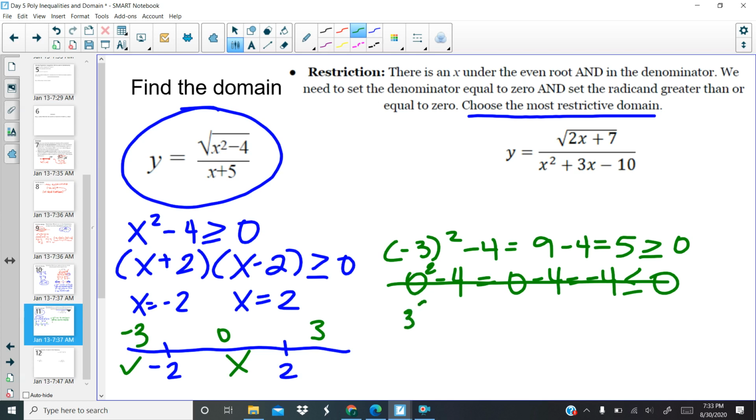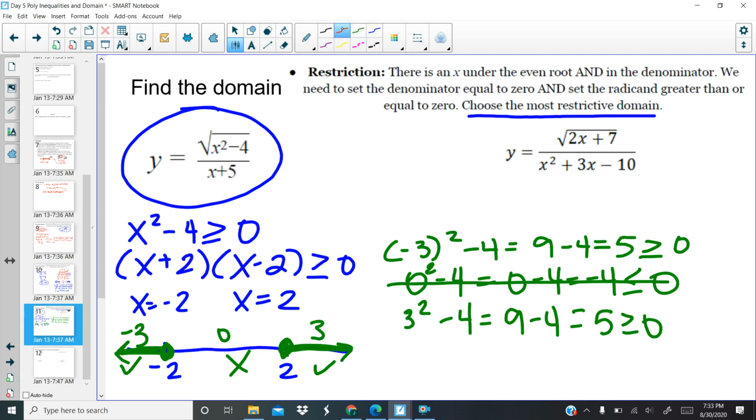And lastly, we're going to do 3 squared minus 4, which is 9 minus 4, which is 5, which is greater than or equal to 0. So we do want to use this one. So far, we have our domain including everything from negative infinity to negative 2, and everything from positive 2 off to infinity.